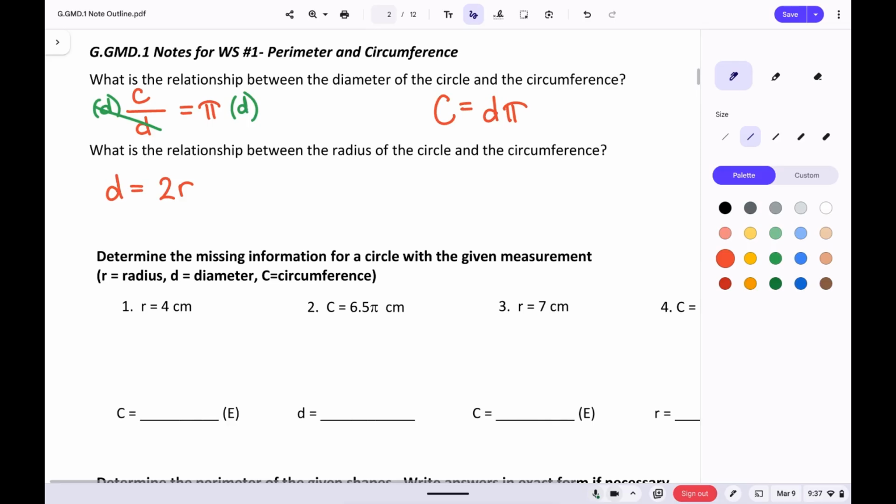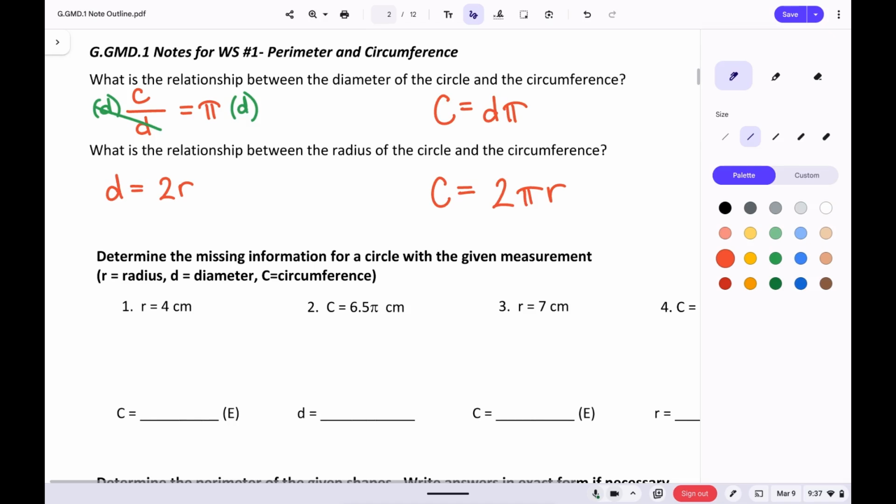So could I rewrite my circumference formula? Instead of having D for diameter, what could I replace that with to find if I had radius? What did we just say D was equal to? 2r. So I should be able to rewrite this as 2r pi, or sometimes we write it 2 pi r.